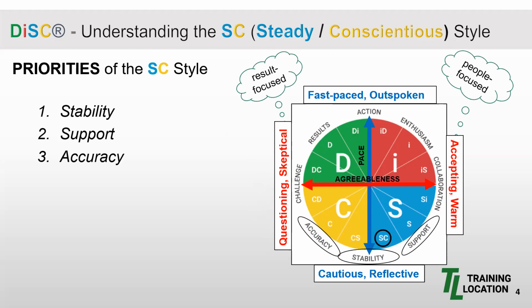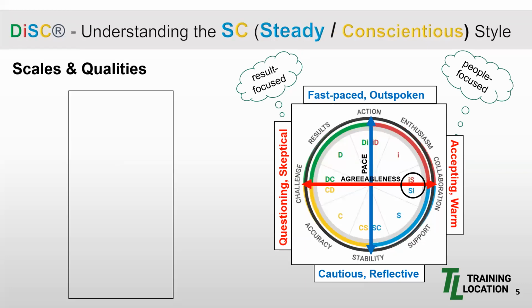They're cautious in nature and they may prefer to work in a predictable environment with few surprises. For support, the SC tends to be accommodating and willing to forfeit their own needs and preferences as necessary. They're typically patient and diplomatic and aren't likely to become overly emotional when pushed. For accuracy, the SC prefers to work systematically to produce quality work and effective solutions with an analytical approach. So there are our priorities.